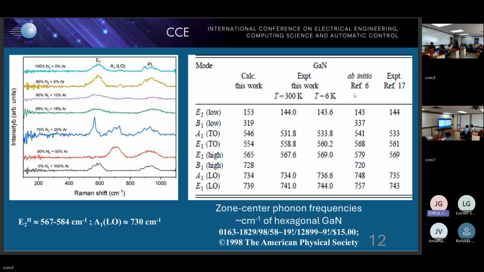The table shows all the modes. There are 8, and only 6 can we find in Raman. Maybe in another technique, such as IR, we could find the others. Okay, next please.